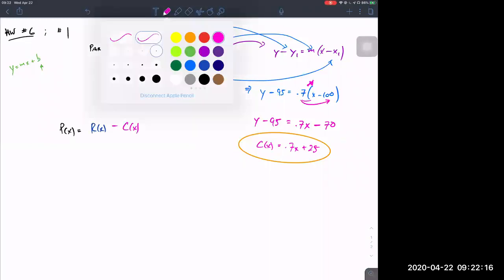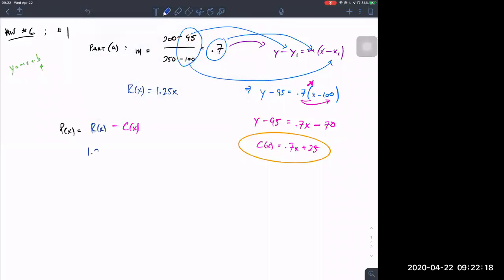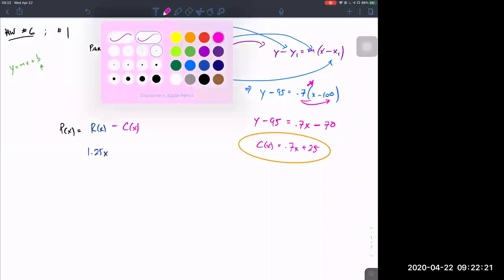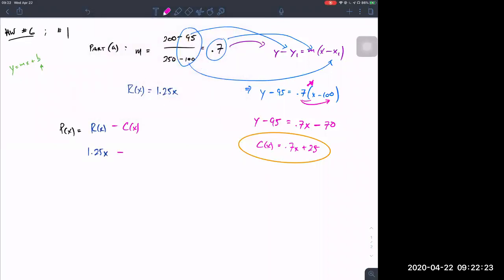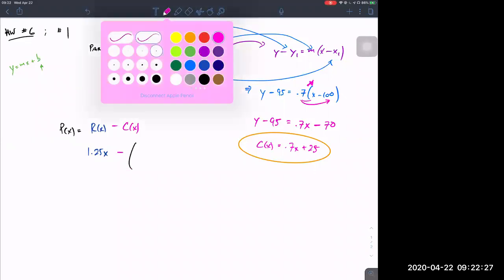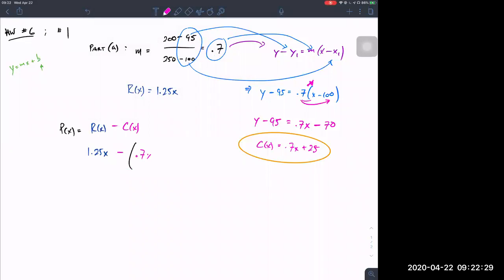So let me write that out really quick. 1.25x minus, if it helps, put it in parentheses so that it reminds you to distribute the negative, (0.7x plus 25). So the second mistake students generally make is right here. They forget to distribute that.